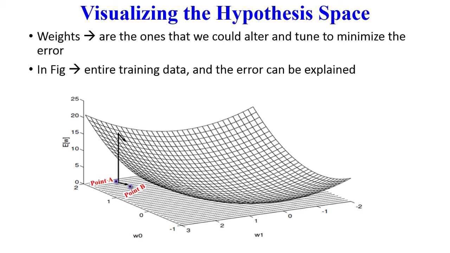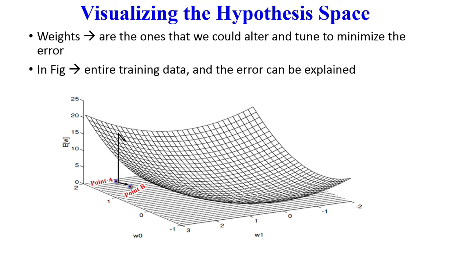Given the way we have defined the error function for linear units, the error surface is always parabolic with a single global minimum.